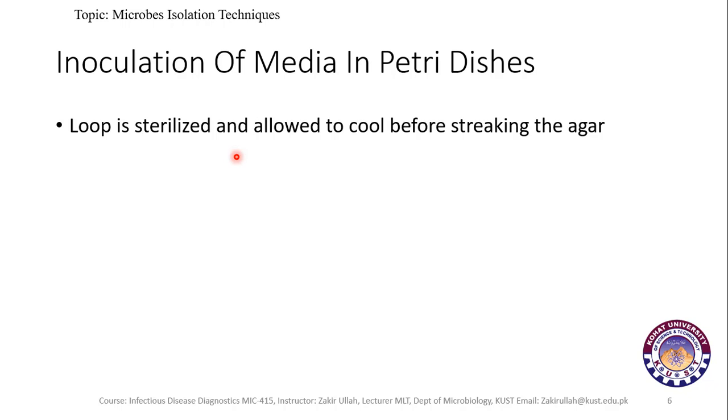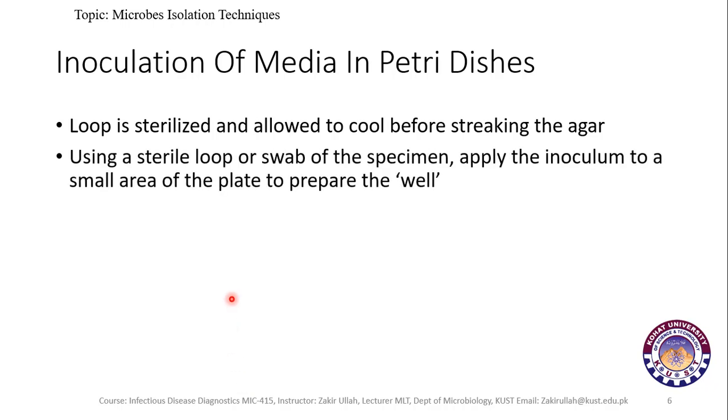It is noted that you should not blow air on it or place it in the path of air, but allow it to cool naturally. Then, using a sterile loop or swab of the specimen, apply the inoculum to a small area of the plate. This area of the inoculum on the plate is called the well, and from this well the specimen is inoculated.